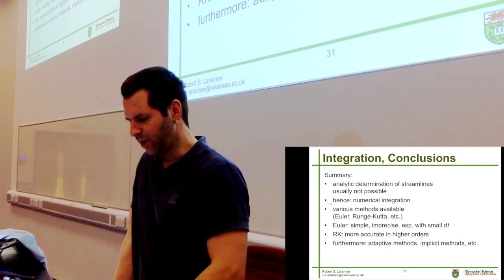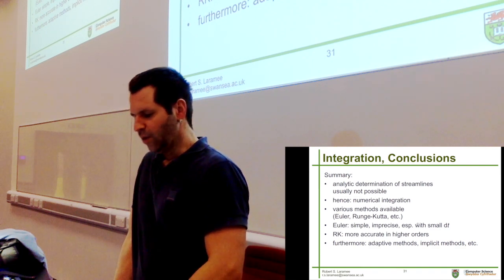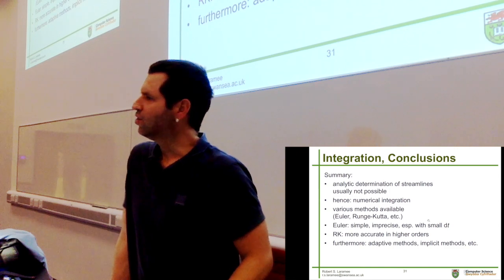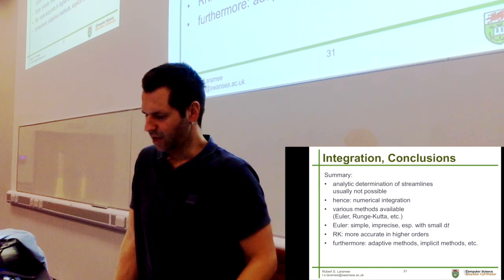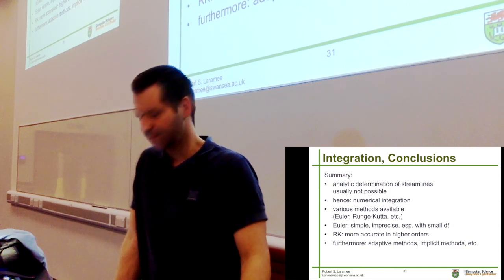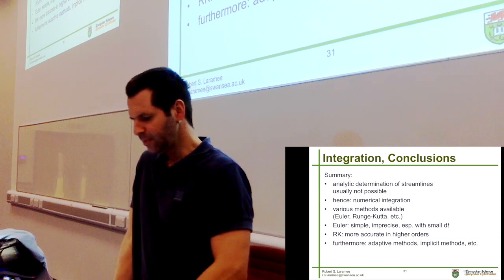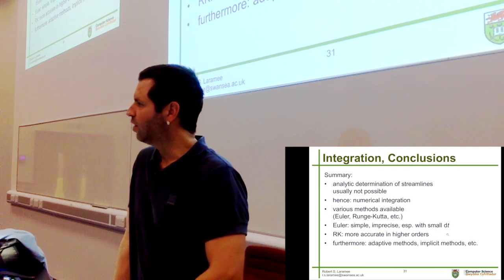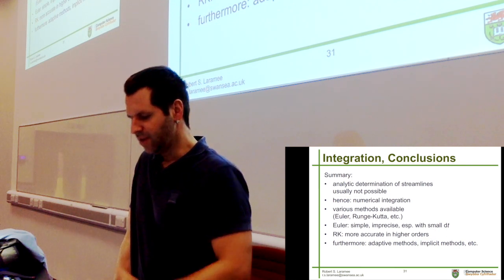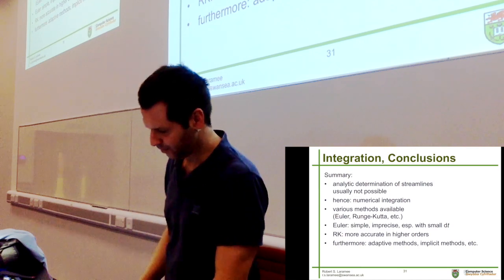And there are different ways to approximate the streamlines. Euler is the simplest, most intuitive method, I would say, but it's also the least accurate. We can use Runge-Kutta to get more accuracy, but with a trade-off in speed. And there are other methods.